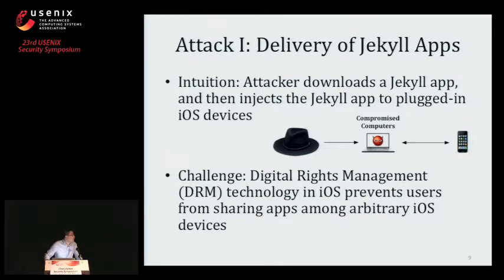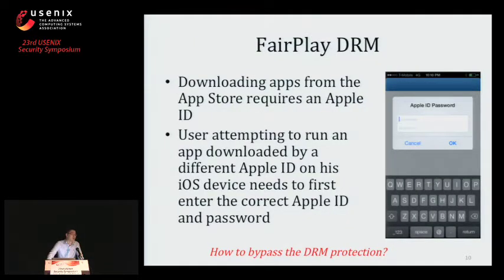The idea seems very easy, but there's a great challenge caused by the digital rights management technology in iOS, which can effectively prevent users from sharing apps among a number of iOS devices. Let me explain this a little bit. So basically, to download apps from the App Store, we require an Apple account.